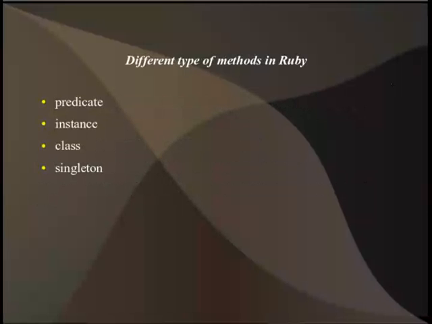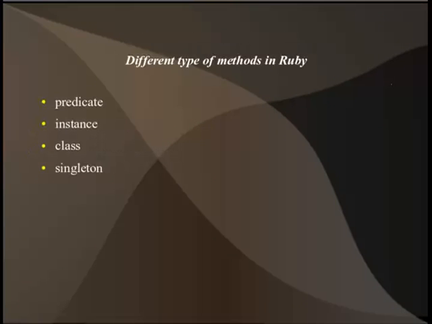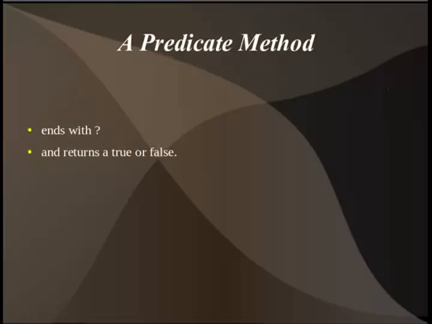Now let's talk about the different types of methods in Ruby. Ruby has predicate methods, instance methods, class methods, and singleton methods. A predicate method in Ruby is a method that ends with a question mark and returns a true or false.